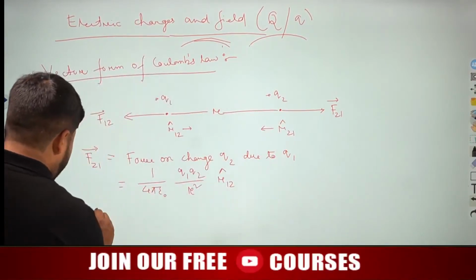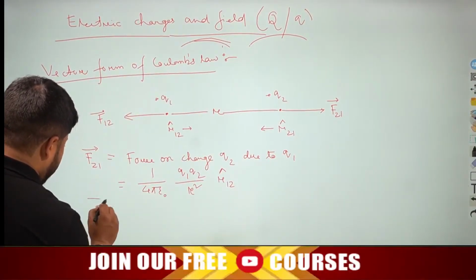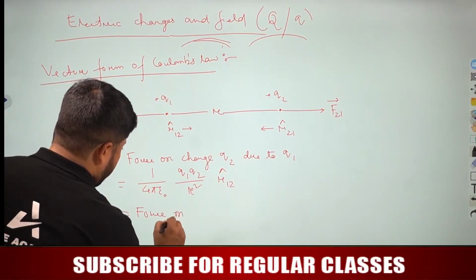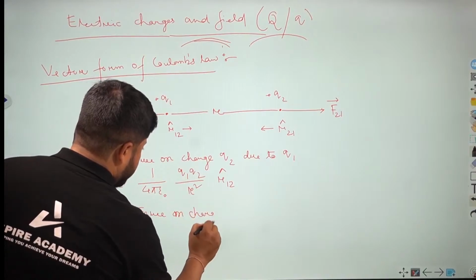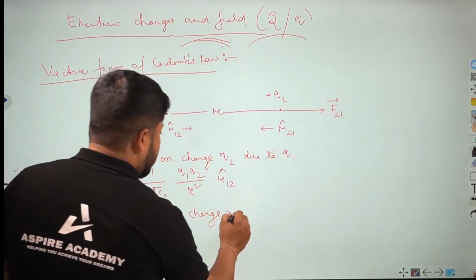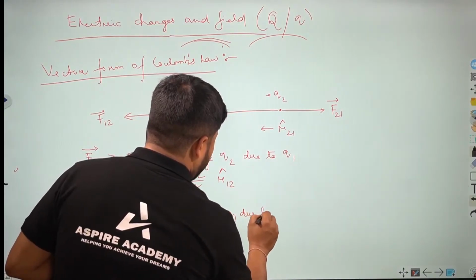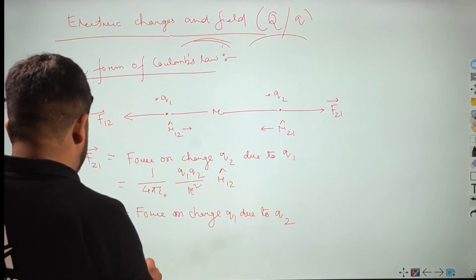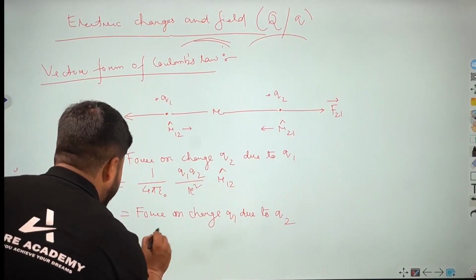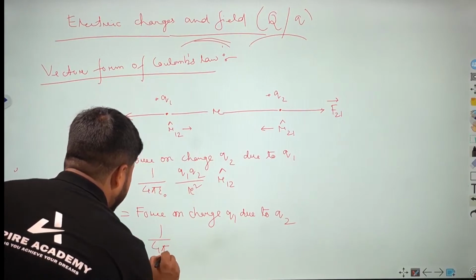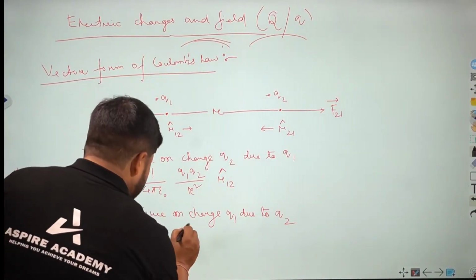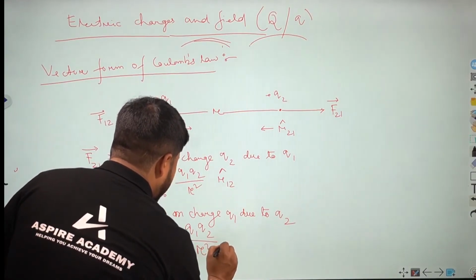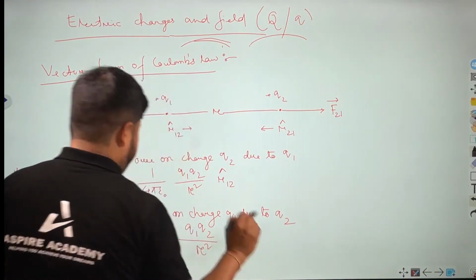After that, F12 means the force on charge Q1 due to Q2. So we represent F12 as 1 by 4 pi epsilon naught Q1 Q2 by R square R21 cap.